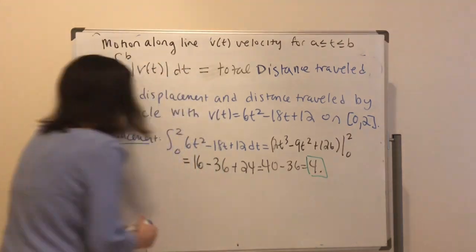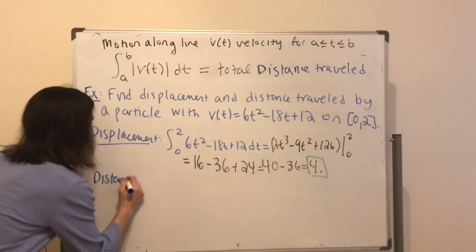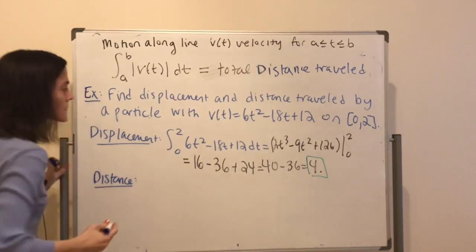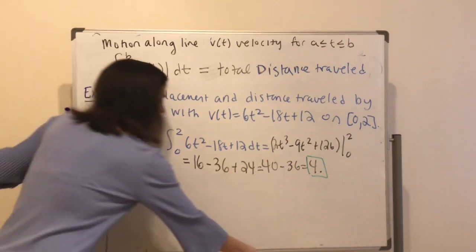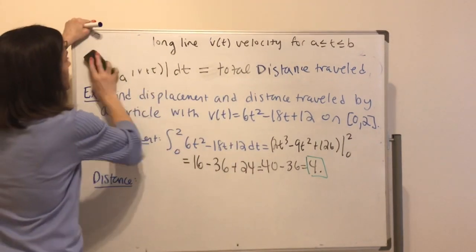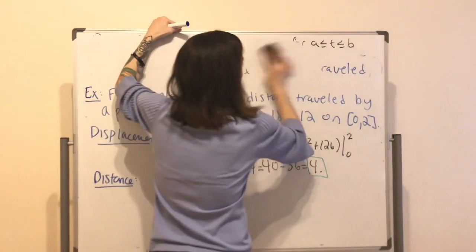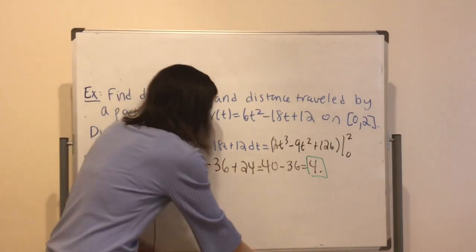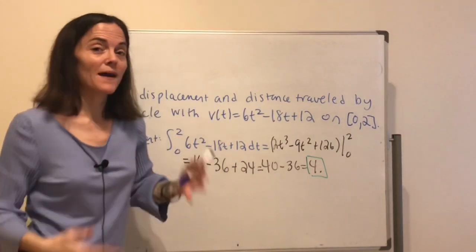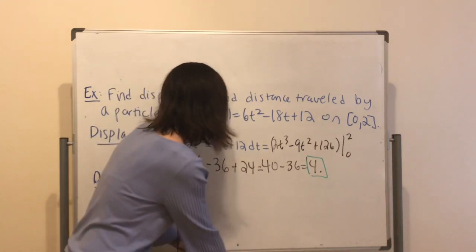Well, now, for the distance traveled, I have to do a little bit more work. Maybe I will actually come up here and do some side work, because when you integrate absolute value, you have to figure out when is the function positive or negative or 0 and break it into a sum of intervals.